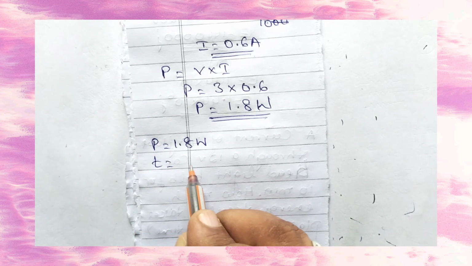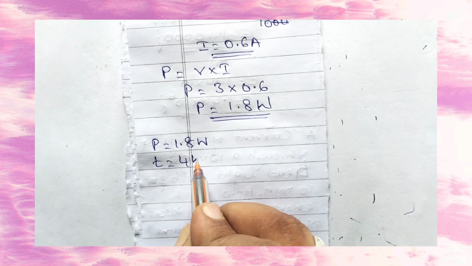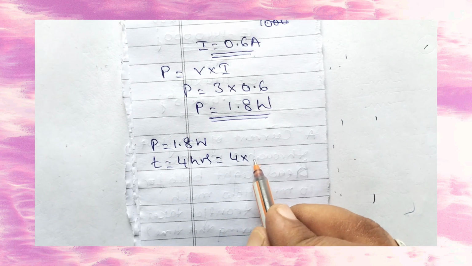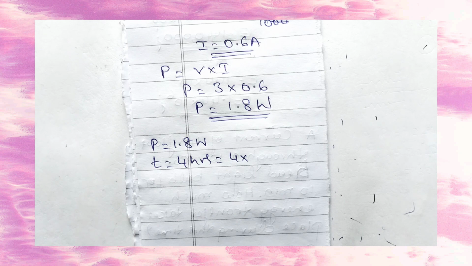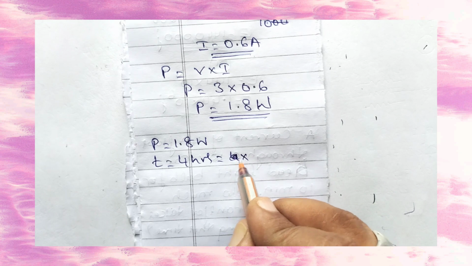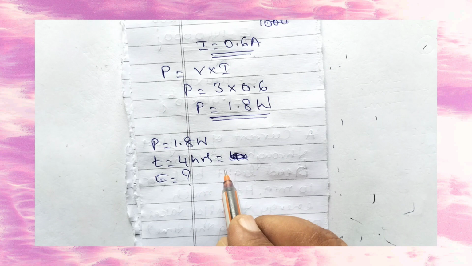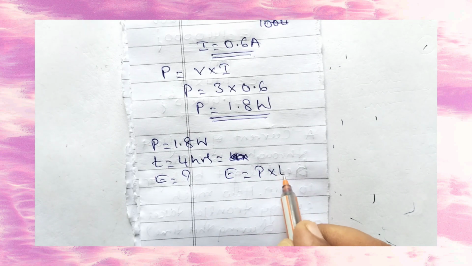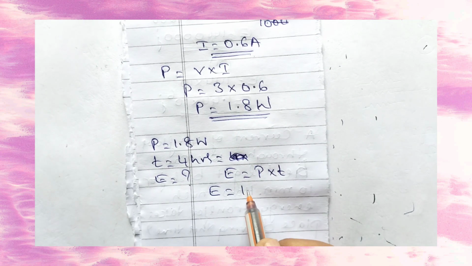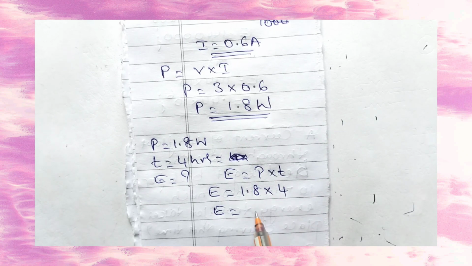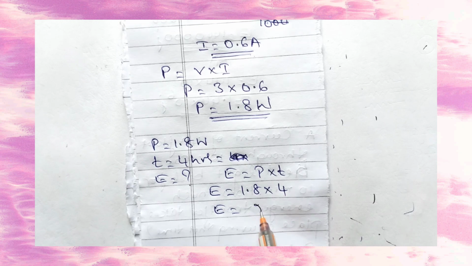It is operated for 4 hours, and you can keep it in hours, no need to change it. So E is equal to P into T. So E is equal to 1.8 into 4. So energy consumed is 4 8s are 32, carry 3, 4 1s are 4 plus 3, 7.